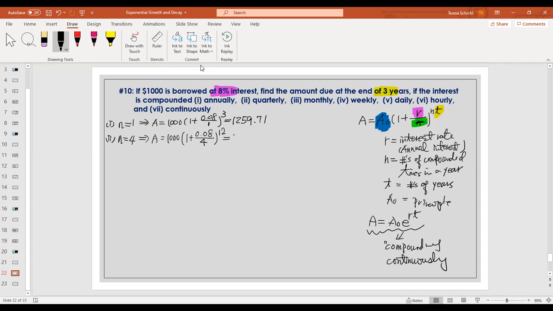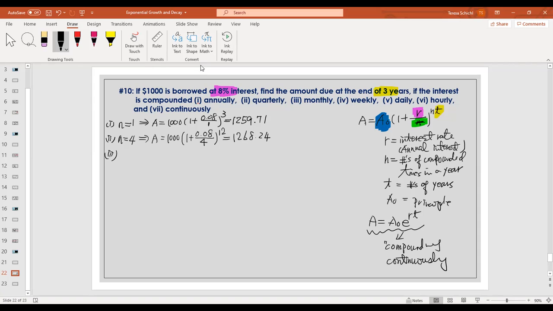Put it into the calculator and it is 1268.24. As you can see, if you compound more frequently, your amount goes a little bit more: compounding once, it's 1259, and here it is 1268.